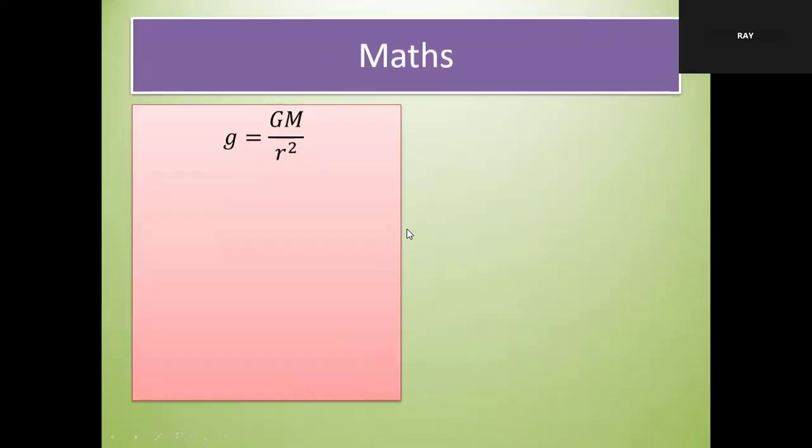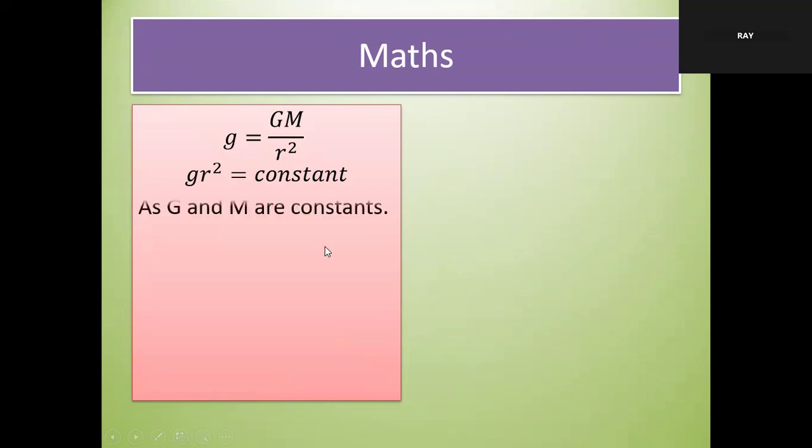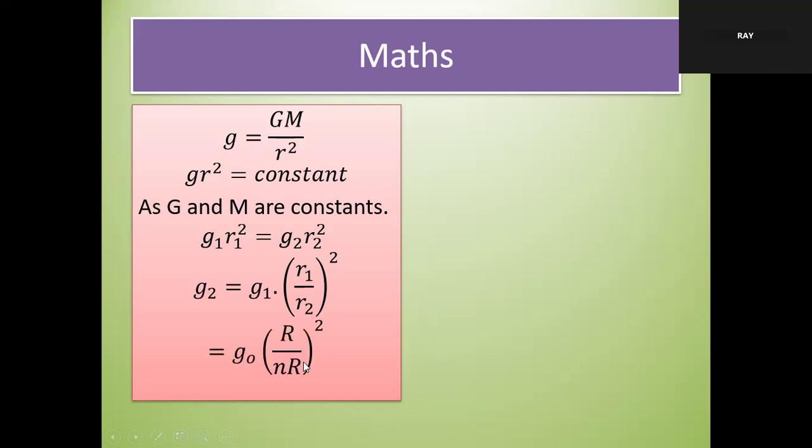The mass involved, we use the equation where GM is constant. So g r square is a constant because GM is a constant. And g1 r1 square equals g2 r2 square. And when g2, take r2 square down. That's our equation. And put in our r.